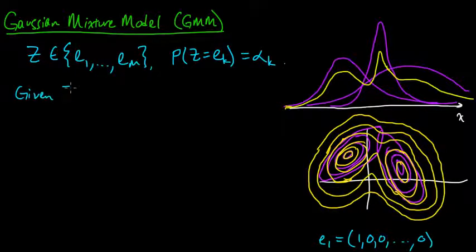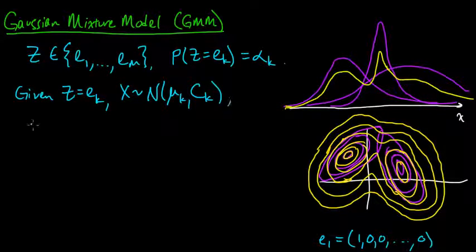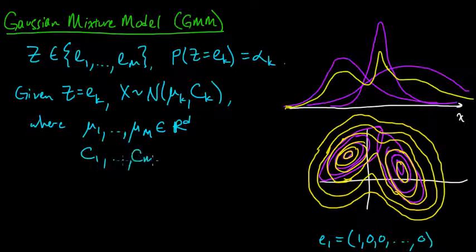Then given z, say given that z equals ek, the distribution of x will be normal with mean mu k and covariance Ck, where mu1 to mu m are d-dimensional real-valued vectors, and C1 through Cm are d by d positive semi-definite matrices, or in other words, d by d covariance matrices.